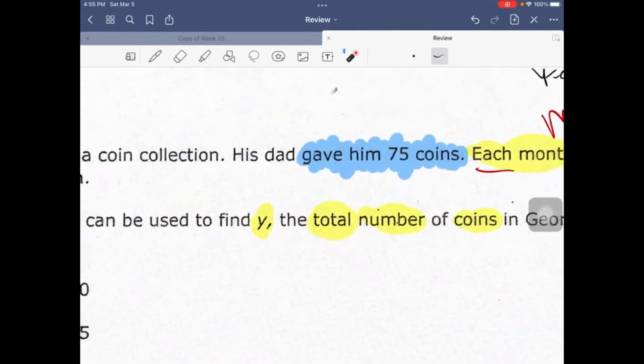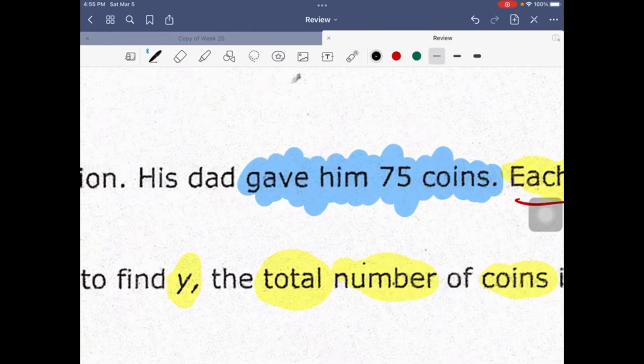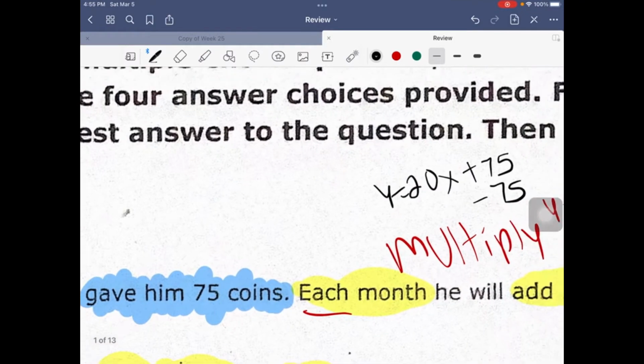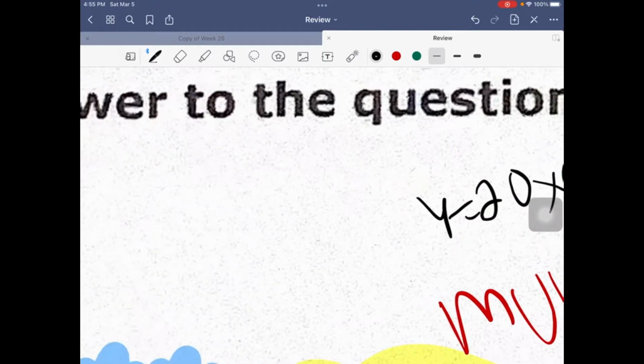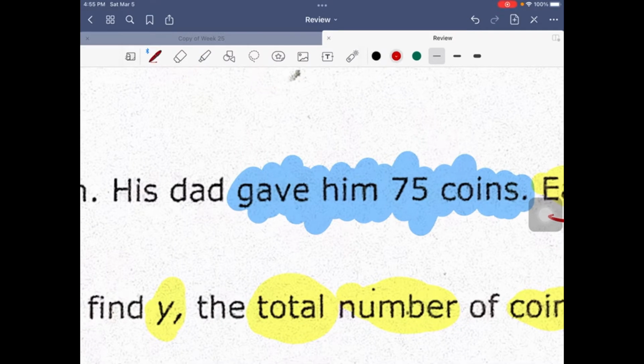Ahora, his dad gave him 75 coins. What do you think we're going to do? Are we going to add 75 coins or subtract 75 coins? We're going to add. Why, sir? Well, if we were going to subtract, the problem would say his dad asked for 75 coins, right? But in this case, no, his dad gave him.